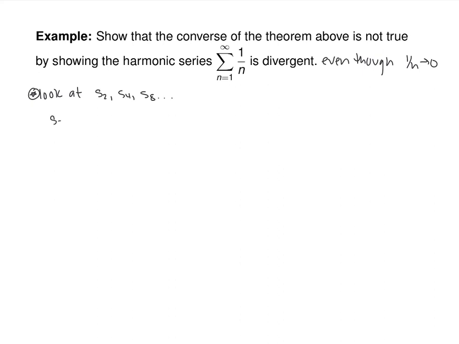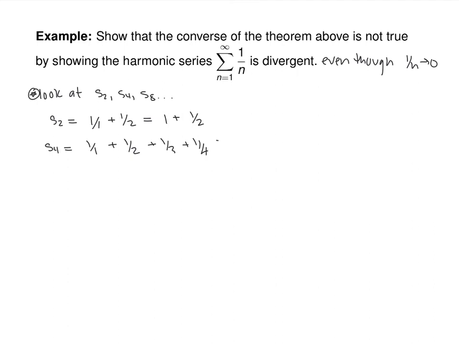So notice that S2 will equal 1 over 1 plus 1 over 2, or 3/2. But 1 plus 1 over 2 is what we're going to think about it as. S4 will be 1 over 1 plus 1 over 2 plus 1 over 3 plus 1 over 4.